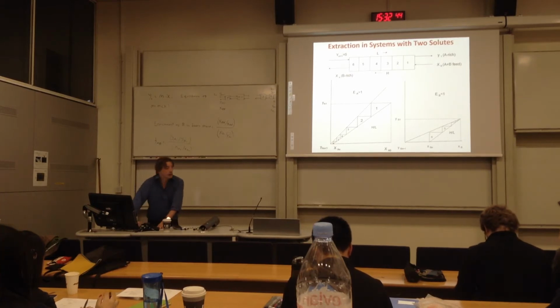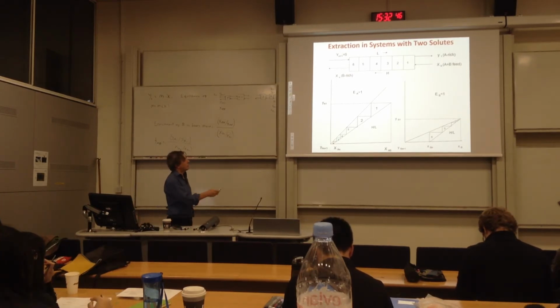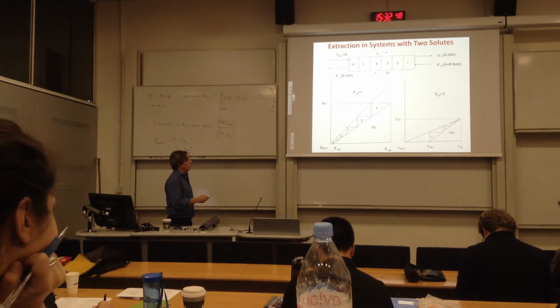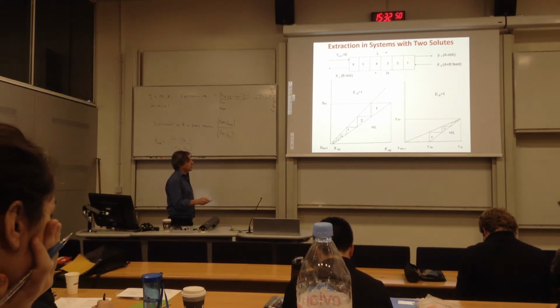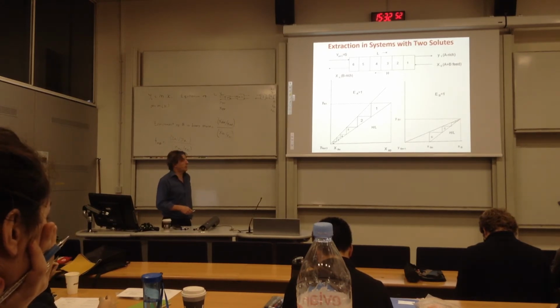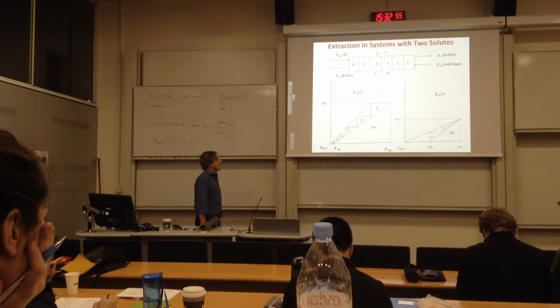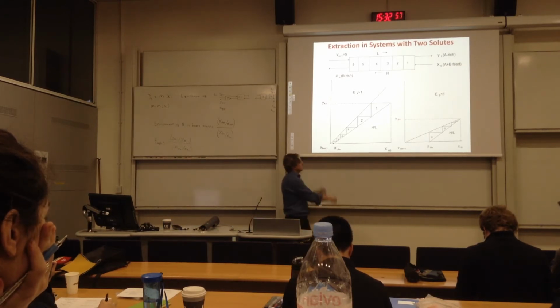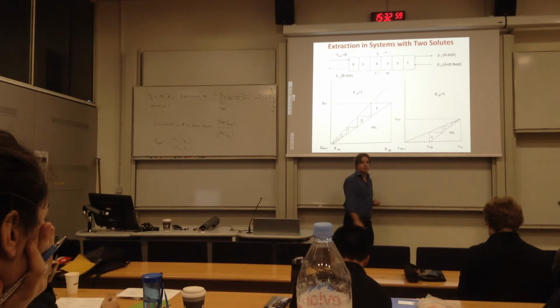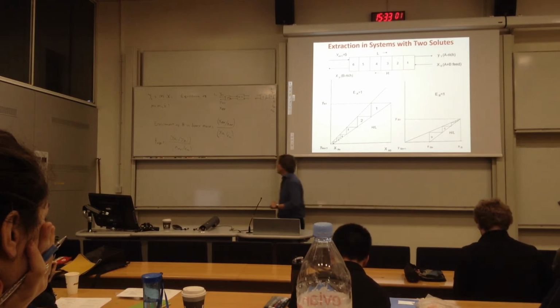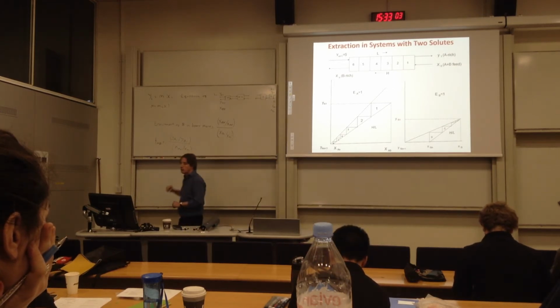We have a feed which has A and B. We have our equilibrium lines, and in this case the value of M is constant. Imagine this is our case. What can you tell me about enrichment and the decontamination factor?